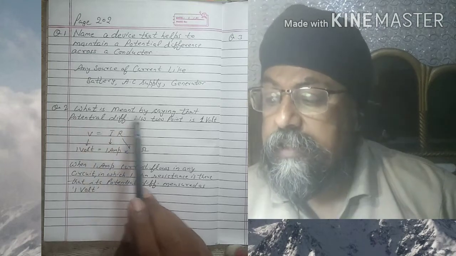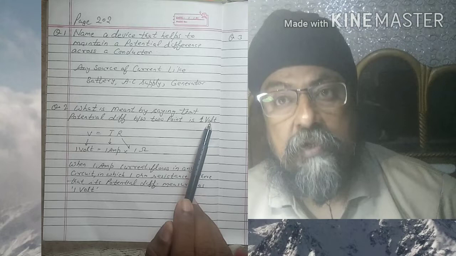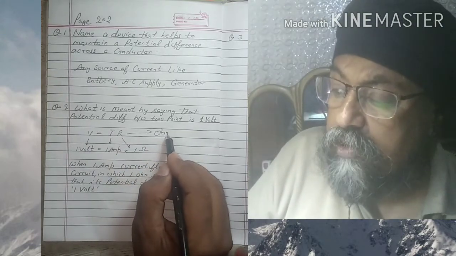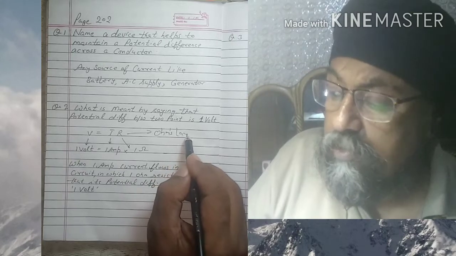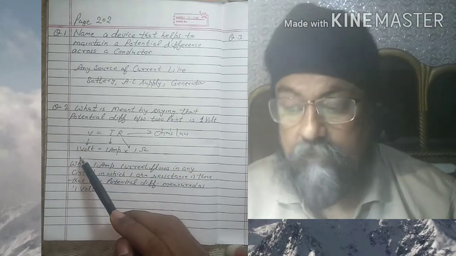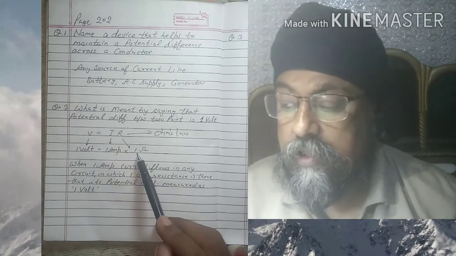What is meant by saying that the potential difference between 2 points is 1 volt? We know that according to Ohm's law, which states that V = IR, V has SI unit volt, I has SI unit ampere, and R has SI unit ohm.